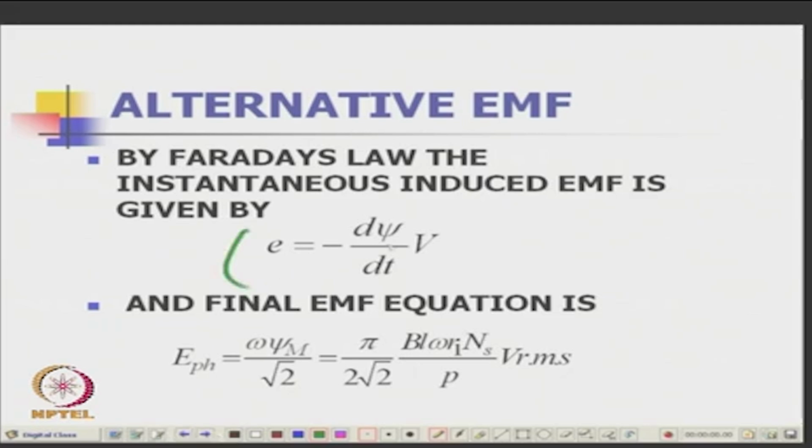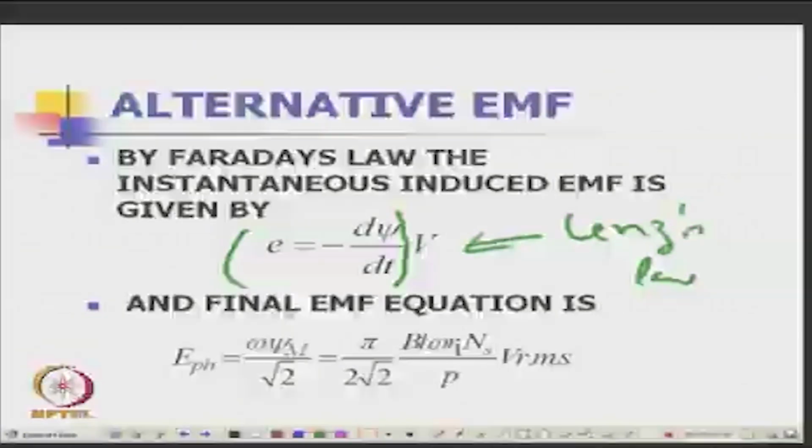Of course, you also have minus d psi by dt. There is a lot of confusion because some people use minus and some people use plus. I have tried to clarify this in other lectures. It is based on Lenz's law: the voltage induced must be in such a direction as to cause a current which will oppose the change of flux.